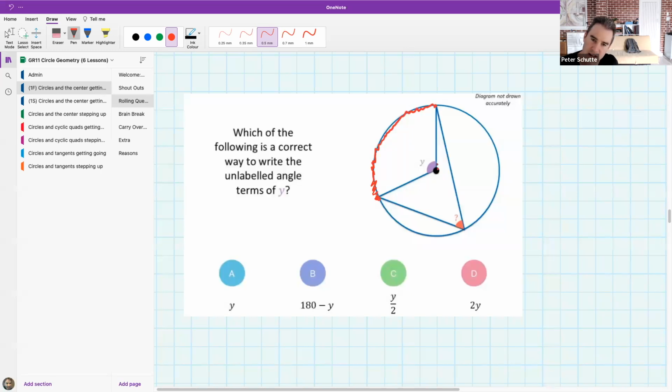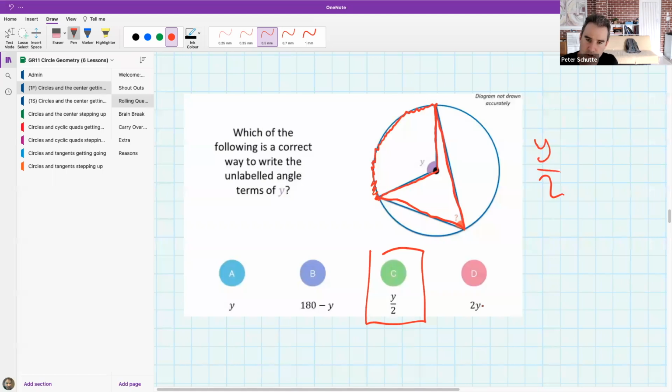And then it makes an angle at the center. And then it also makes an angle at the circumference. And we can kind of see that this one must be smaller than this one. And how much smaller? Well, throughout this, we've either been halving or doubling. So I think this one is just going to be y divided by 2. And so it's going to be C.